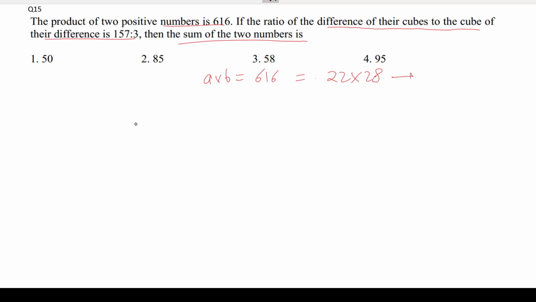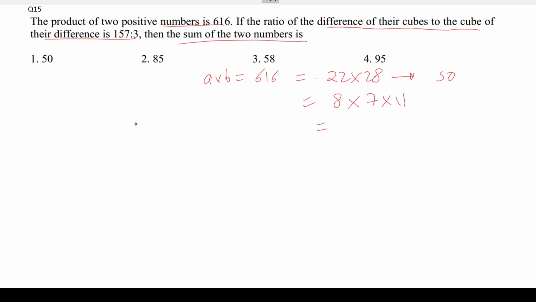So at first sight, the question is asking about the sum of two numbers, that will be 50. So during the examination, I must have marked 50 as the answer, but we need to check before if any other options are also possible. That will be 2 to the power 3 into 7 into 11.